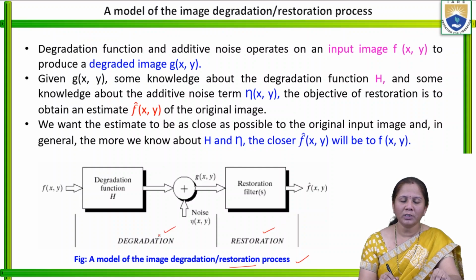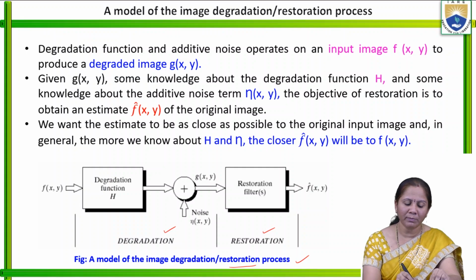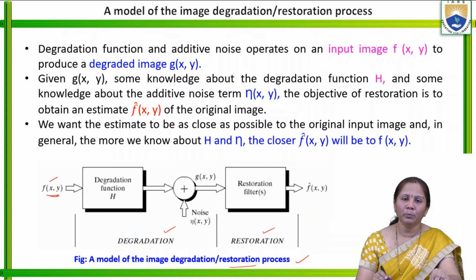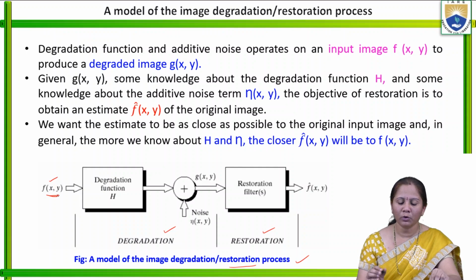The degradation stage is used to degrade the input image. The input image is considered as f of x comma y. After degrading this input image, we get the output as the degraded image, which is represented as g of x comma y.